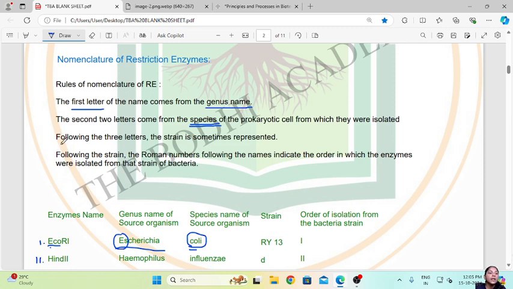Then after these three letters, the strain is sometimes represented. So the next thing is the strain. Now this strain was RY13, so from here we have taken the R. So EcoR.